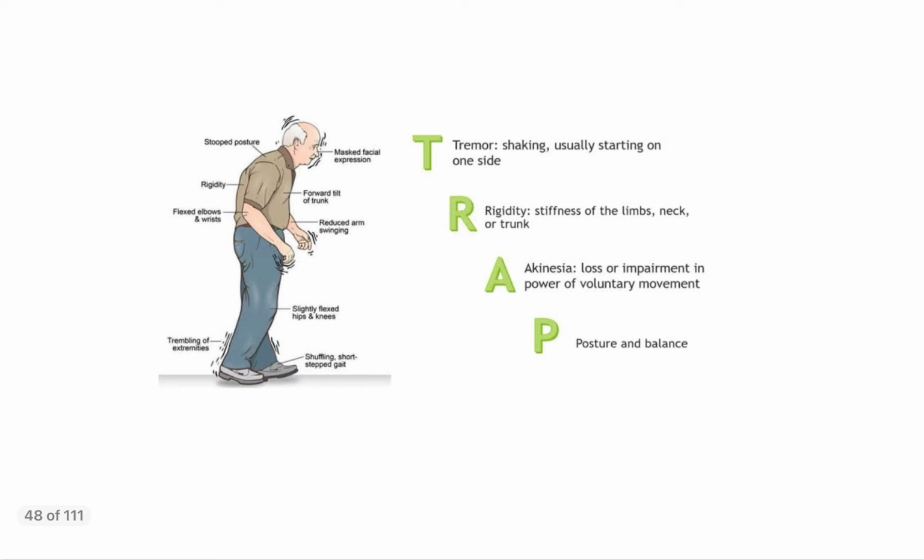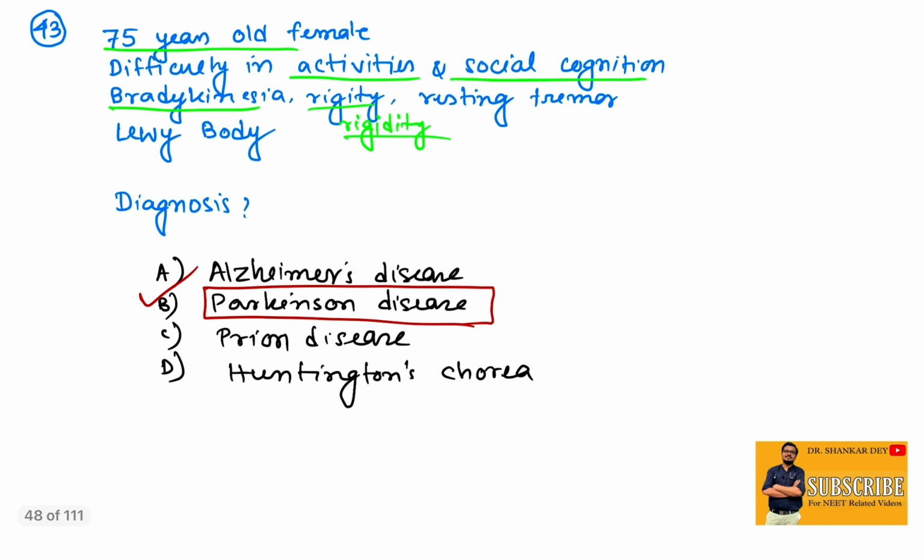As all of you know, this is a typical presentation of Parkinson: resting tremor, rigidity, akinesia or bradykinesia, along with posture, and one special type of gait, short shuffling stepped gait, masked face, tremor of extremities. These are the typical features of Parkinson disease. So here in this case, the answer will be Parkinson disease.